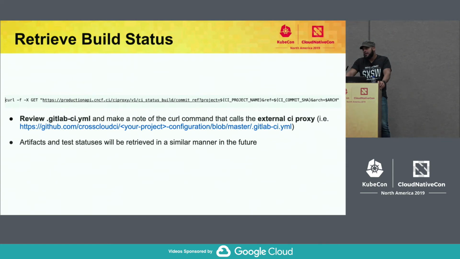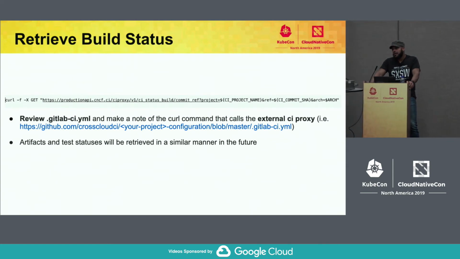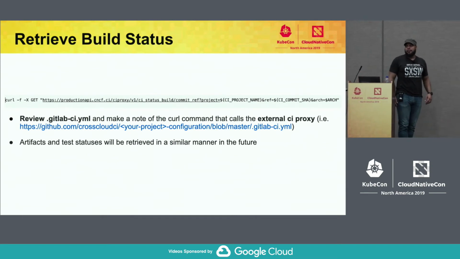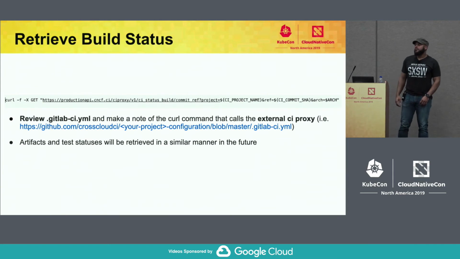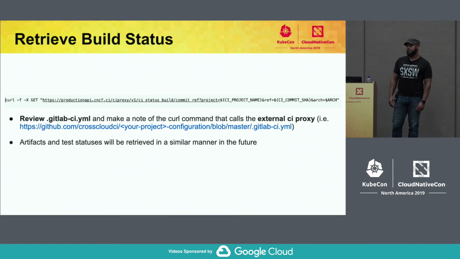I'm wondering if SIG interoperability is looking at this too. We're talking about publishing the build artifacts. One of our first integrations was with ONAP. Jenkins was the CI system used, and we were able to actually get the artifact that was created during the build.